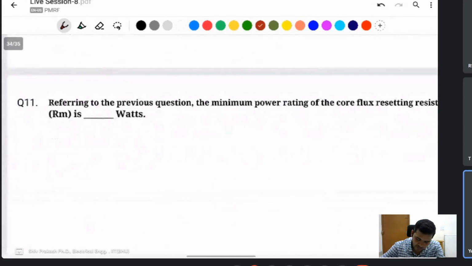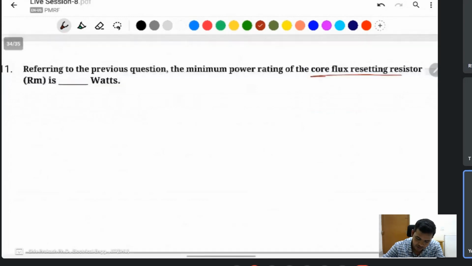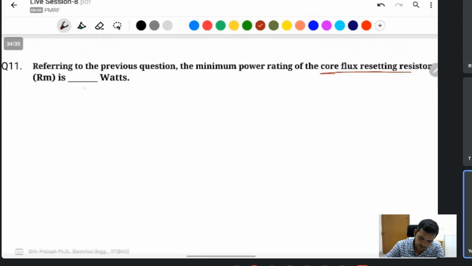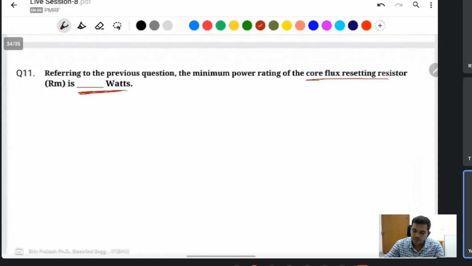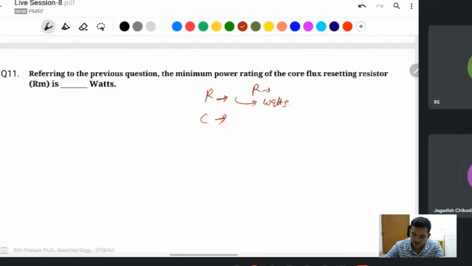Now, referring to the previous question: what is the minimum power rating of the core flux resetting resistor in watts? Actually, for a resistor and capacitor, the resistance value is something, but is there also a wattage value?